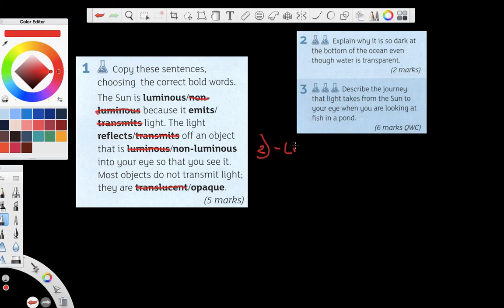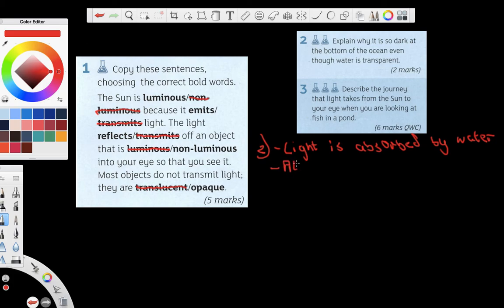So light is absorbed by water for 1 mark. And your second mark would come from, so that by the time you get to the bottom of the ocean, all of the light has been absorbed.